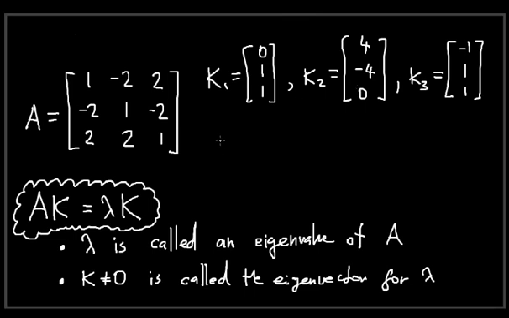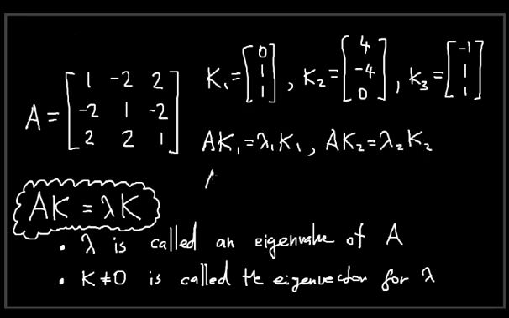So what we want to know is whether there is a lambda 1 such that A times K1 is equal to lambda 1 K1, whether there is a lambda 2 such that A times K2 is equal to lambda 2 times K2, and whether there is a lambda 3 such that A times K3 is equal to lambda 3 times K3.